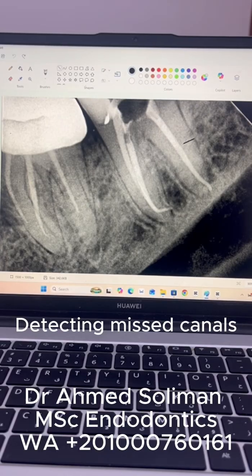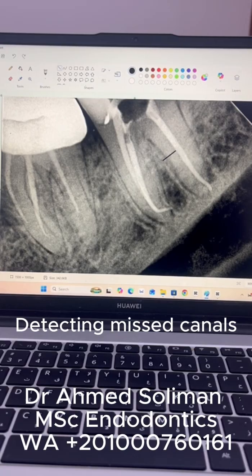If I do this again and put it here, you can see it is the exact same thickness from this side and this side. If I measure from the very beginning of the root to the gutta-percha, and from the other side, it is the exact same length.